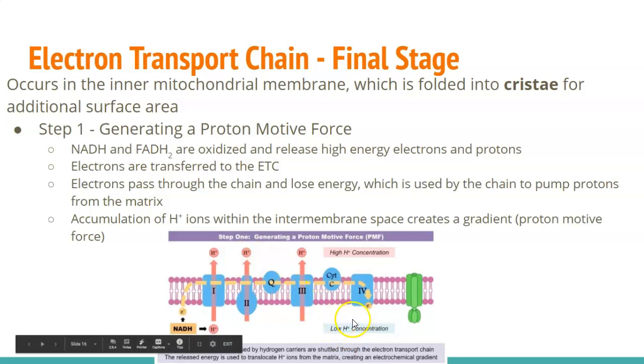So you have a low concentration outside and a high concentration inside. We care about this because it creates a gradient, or a proton motive force. That's step 1. Step 1 is literally just pushing the electron through and making this gradient.